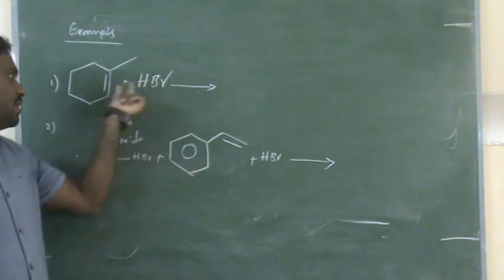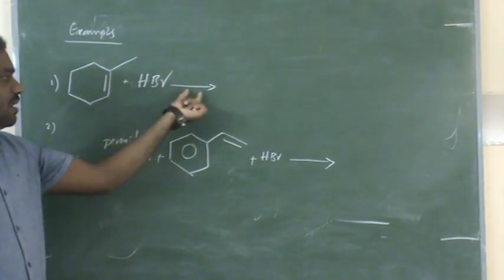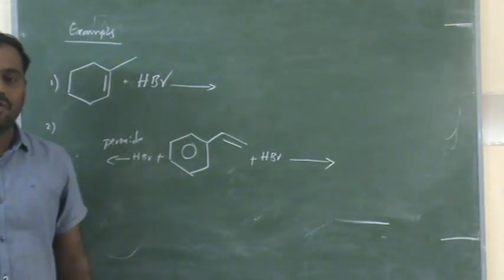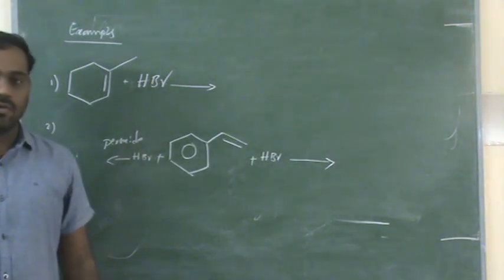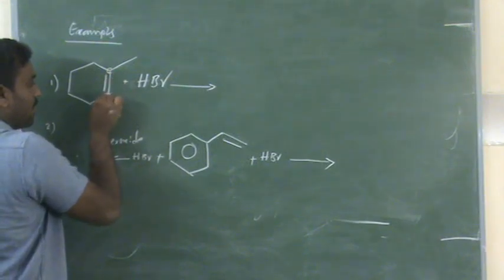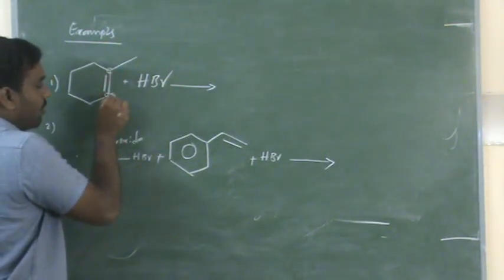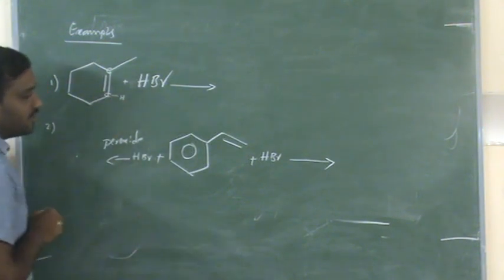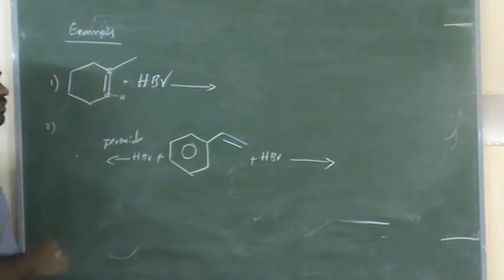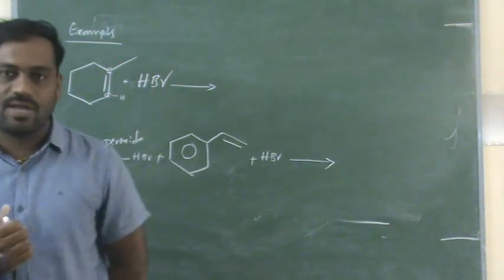Here, observe, this is an unsymmetrical alkene and this is HBr. There is no catalyst. Means there is a following of which rule? Markovnikov rule. In Markovnikov rule, this is a carbon and this is a carbon bonded with a double bond. Here how many hydrogens are there? One hydrogen is there. Here how many hydrogens? There are no hydrogens, because already 4 bonds are satisfied.